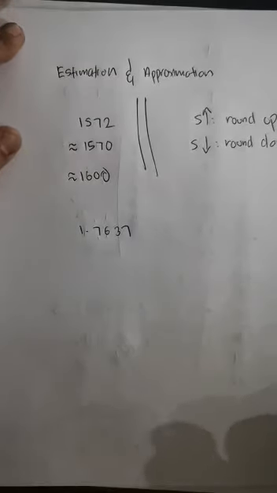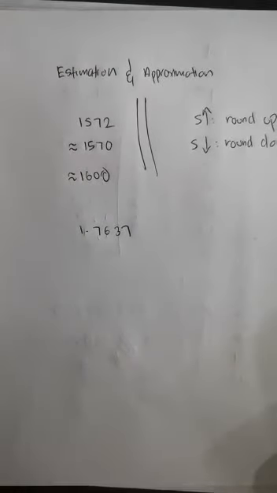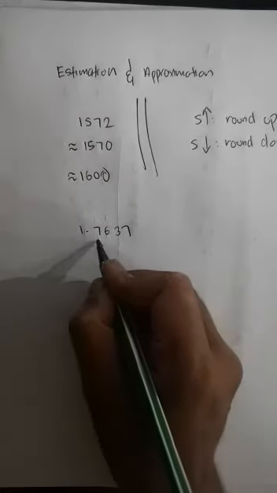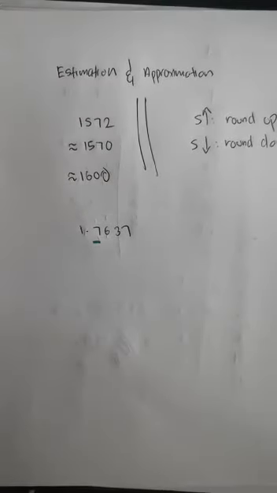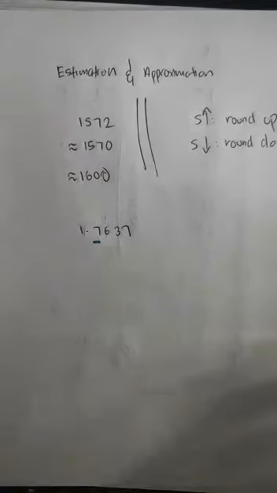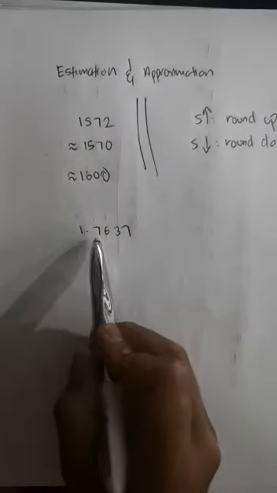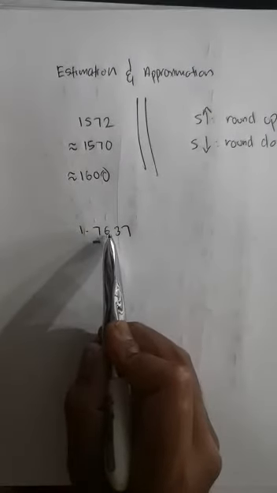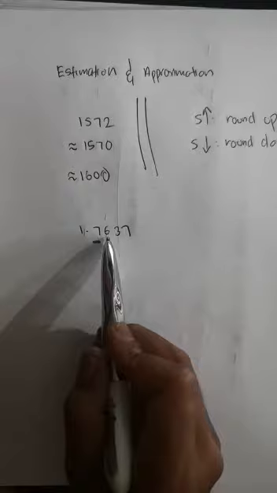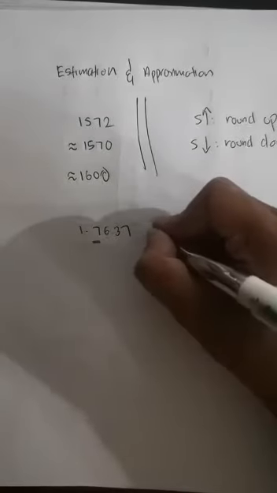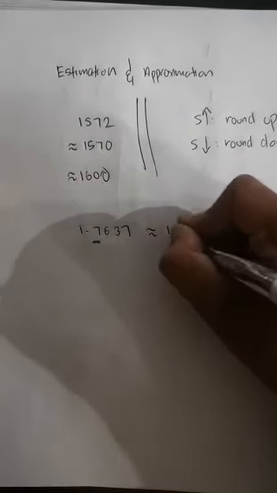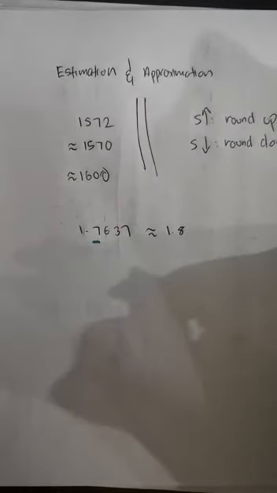Everybody clear? So now what if they say please round off to one decimal place? One decimal place is here, right? So you look, the same concept. You look at the number to its right. Okay, the number to its right will be 6, right? 6 is more than 5. So it becomes 1.8. Okay?